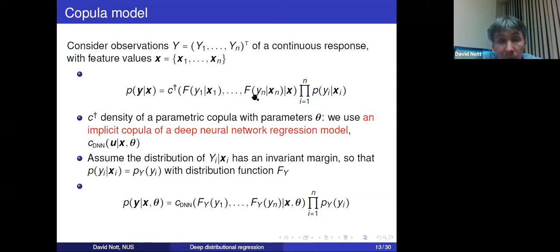But the features are in the dependence structure in the copula, okay? If you look at the predictive distribution for a new x, not in the training set, then the predictive distribution at a new feature value is a function of the features through the copula, okay?